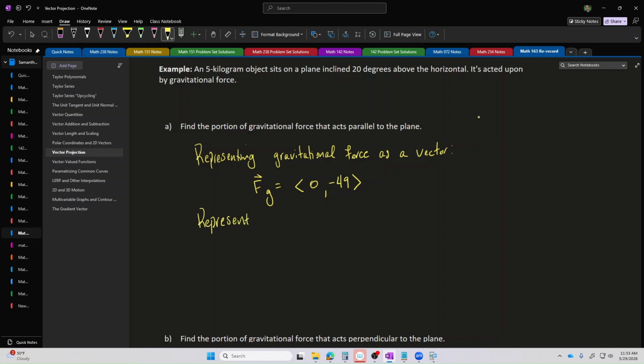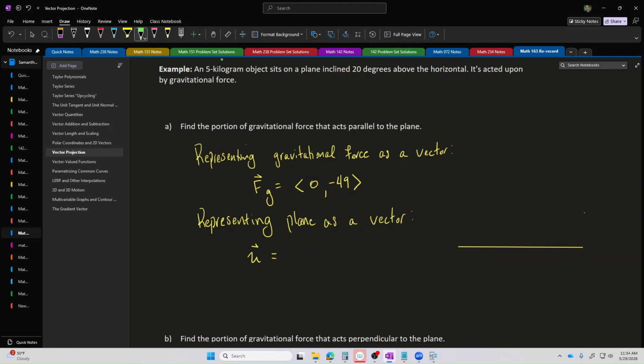I'm also going to represent the plane as a vector. Call that vector u. I want some vector that represents the surface, some vector that is also inclined 20 degrees above the horizontal.